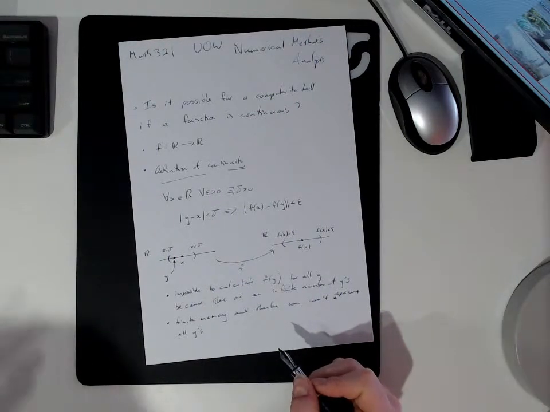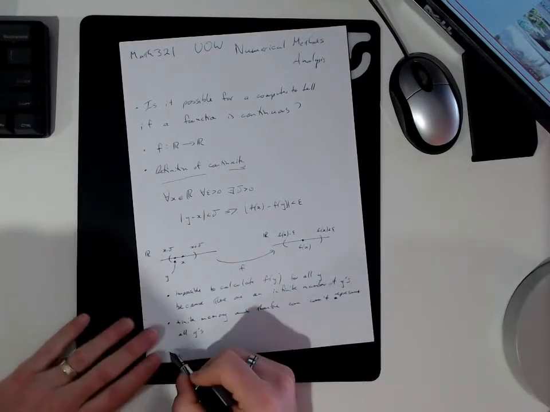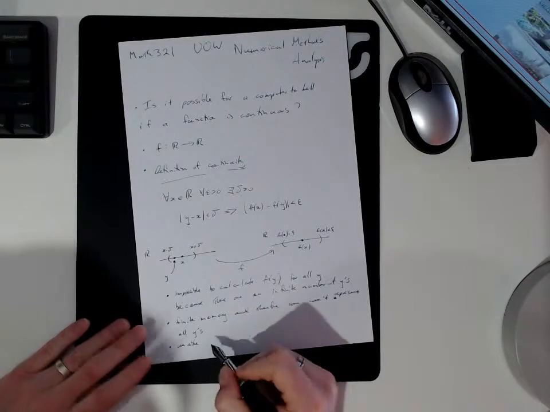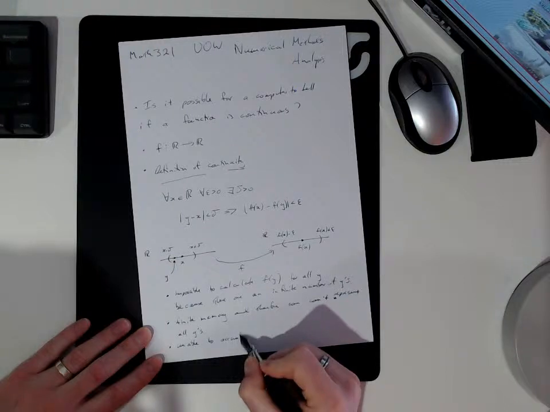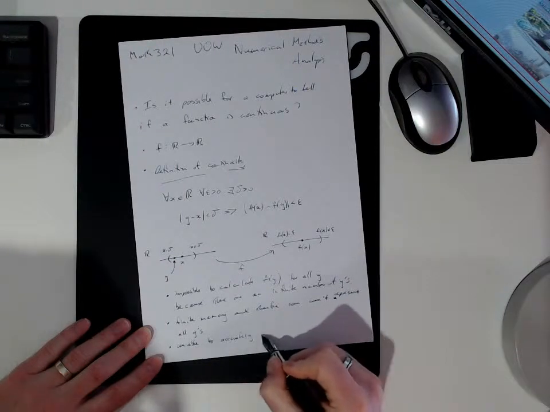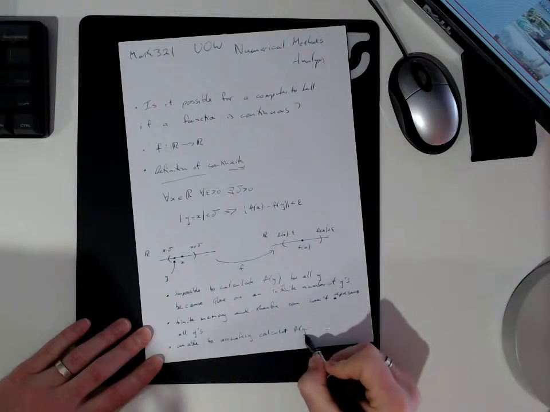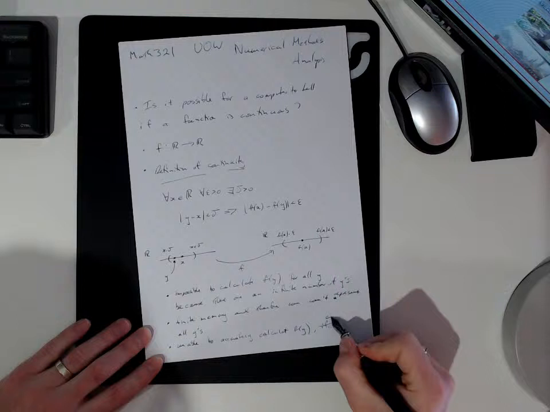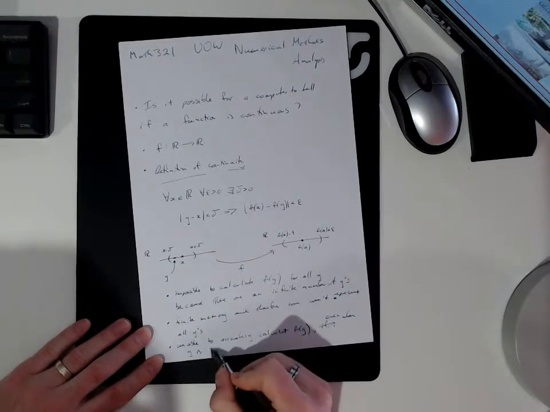It's absolutely impossible for the computer to know what that number is. And depending upon the function, it may be unable to accurately calculate f of y, even when y is known exactly.